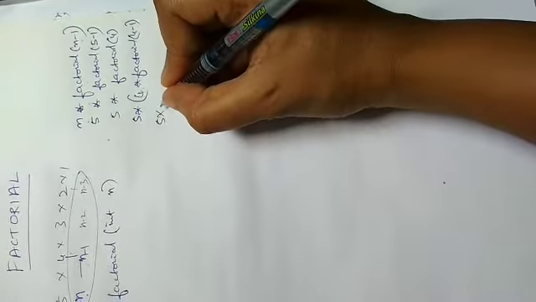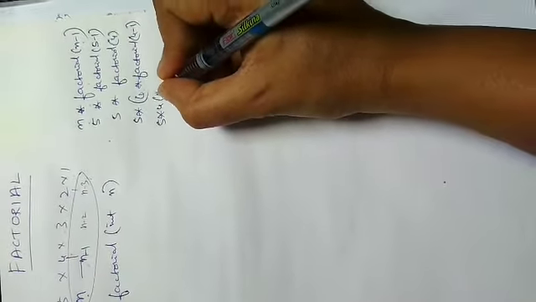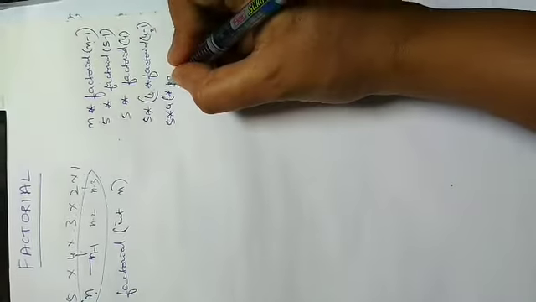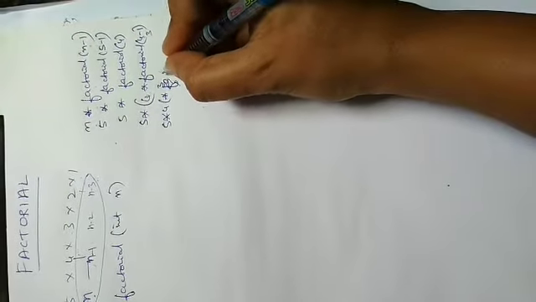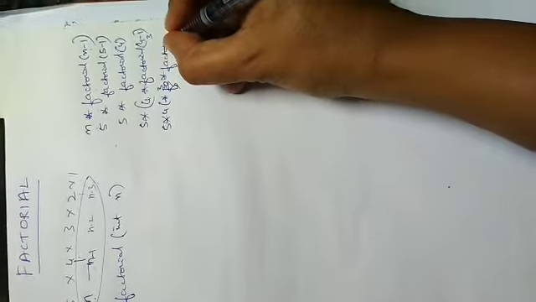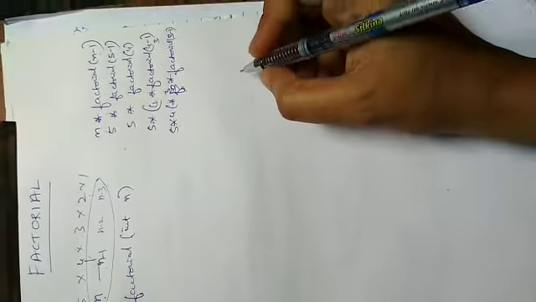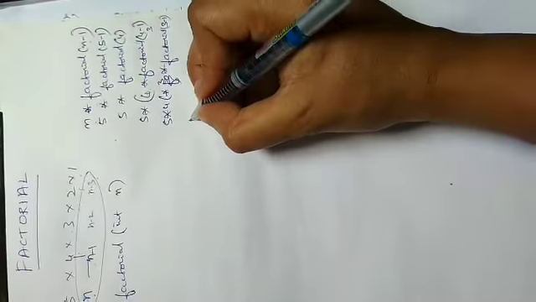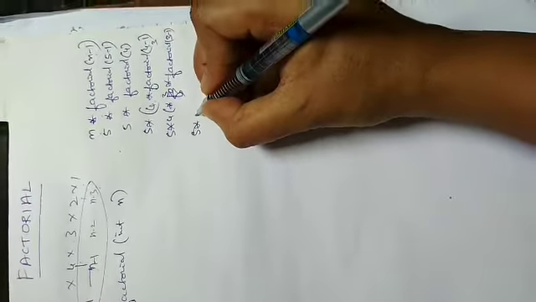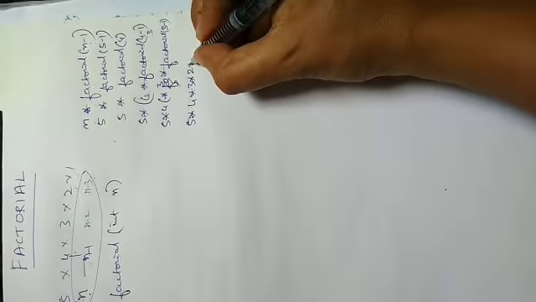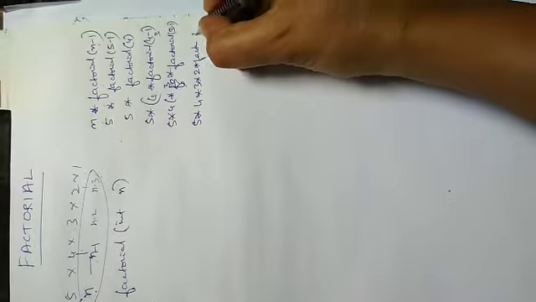So it is 5 into 4 into, now when you call this, it is nothing but 3. So it will become 3 into factorial of 3 minus 1. Again recursively it gets called. So it will become 5 into 4 into 3 into 2 into factorial of 2 minus 1.